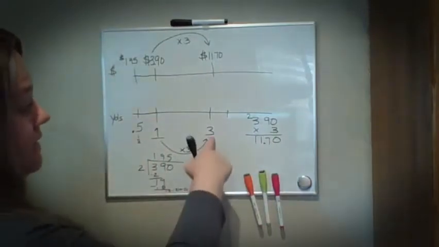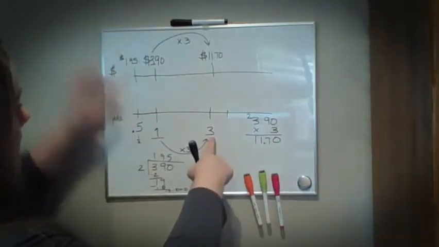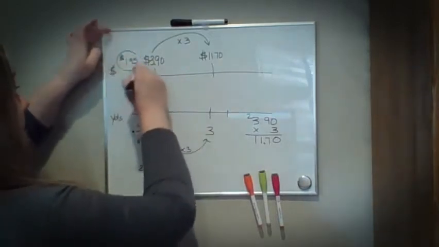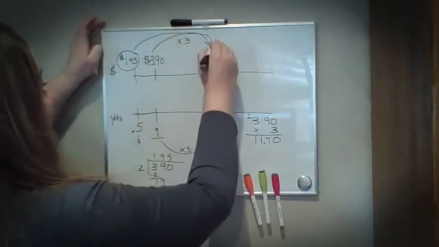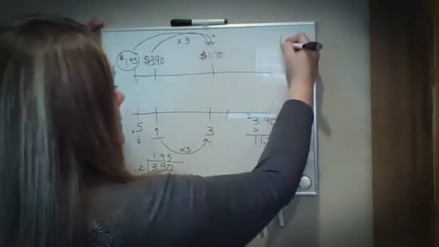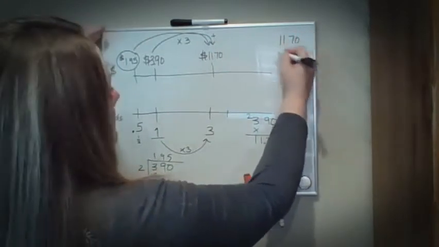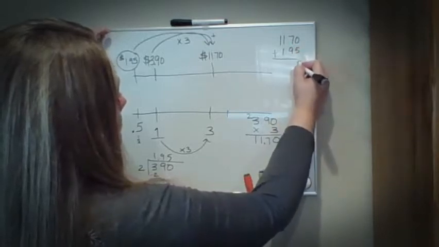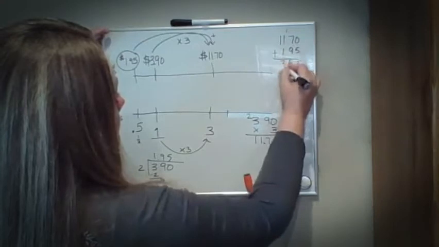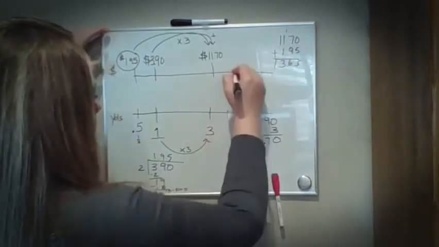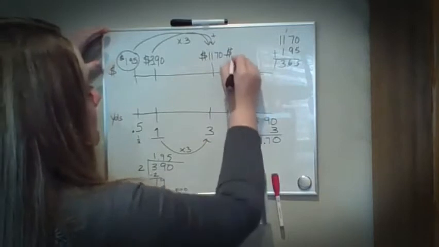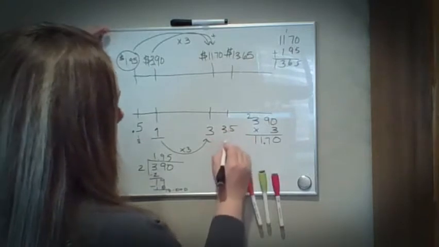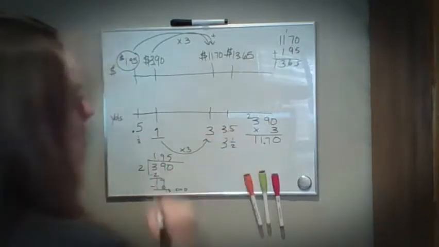Well, if I know that 3 yards gets here and a half of a yard is this much, then all I'm going to do is simply take this amount and add it to this amount. So $11.70 plus $1.95 is $13.65 for 3.5 yards.